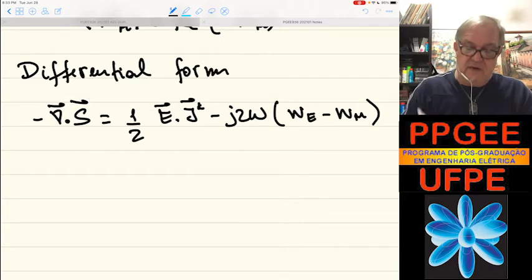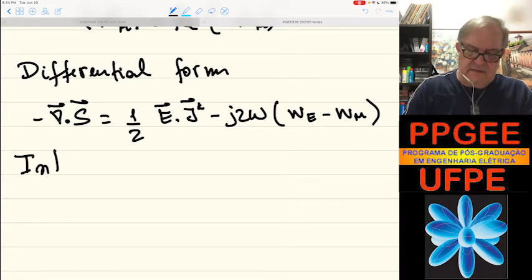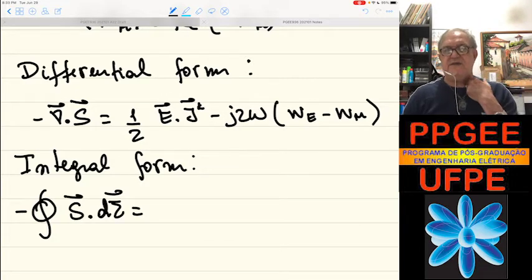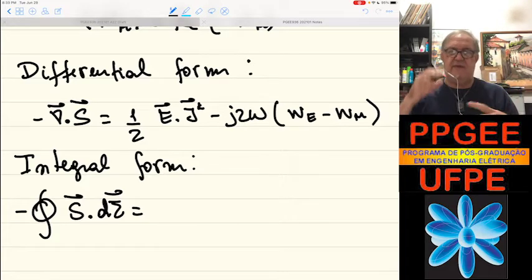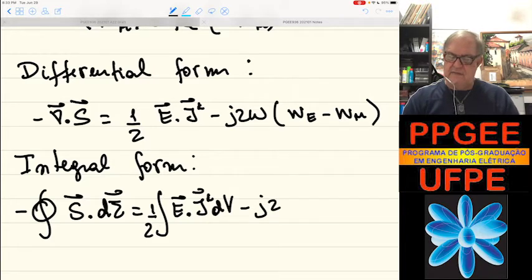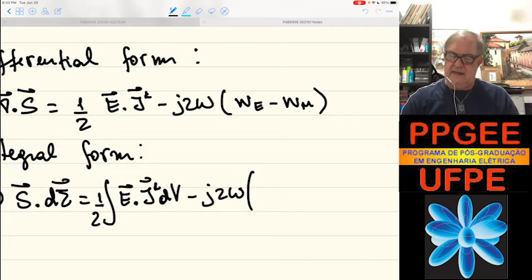And the integral form equals flux inwards as sigma equals the energy exchange between field and free carriers, which is this integral here, and the integral of the other term goes to W_E capital, right, minus W_M.